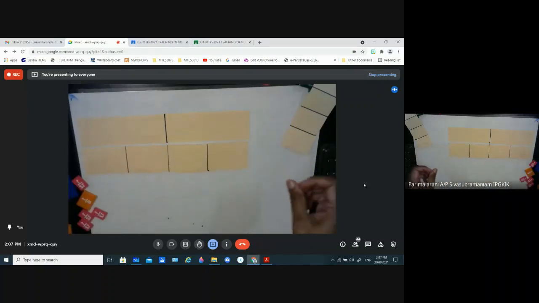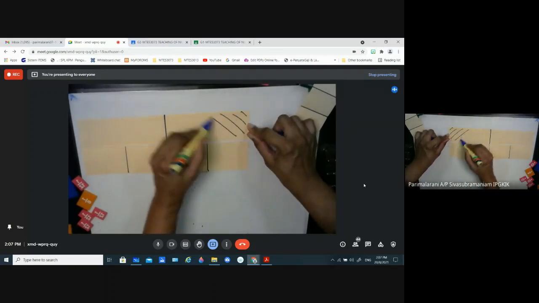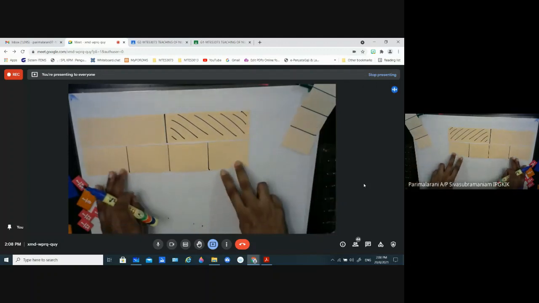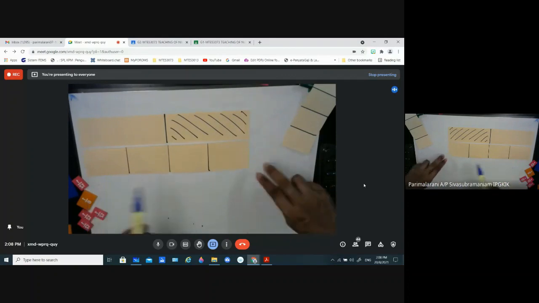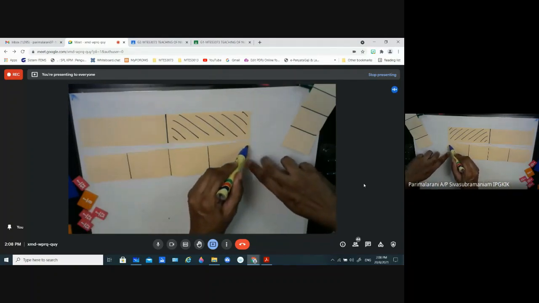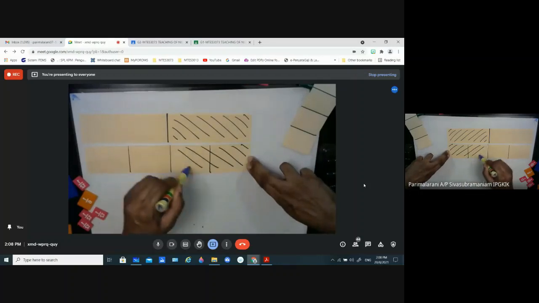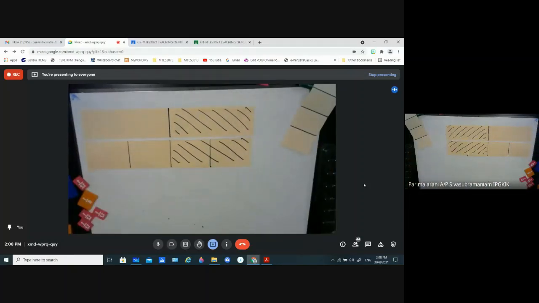We want them to find equivalent fractions for 1/2, so we need to identify 1/2 first. This is 1/2. We shade this 1/2. Now the second strip is divided into 4 equal parts, and we also shade the size that is exactly equivalent to 1/2. The shaded area is exactly the same.